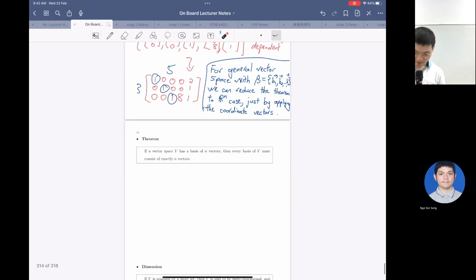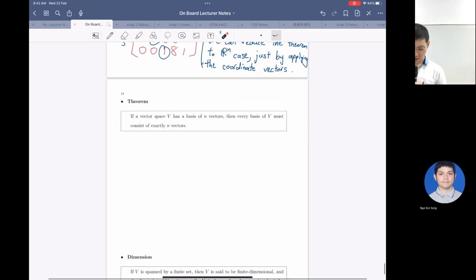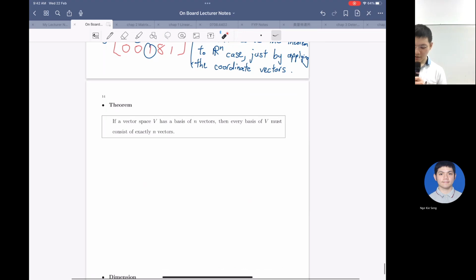Next, before we go to the next definition, this is very important. It might seem easy. If a vector space V has a basis of n vectors, so the dimension of V is n, then every basis of V must consist of exactly n vectors.